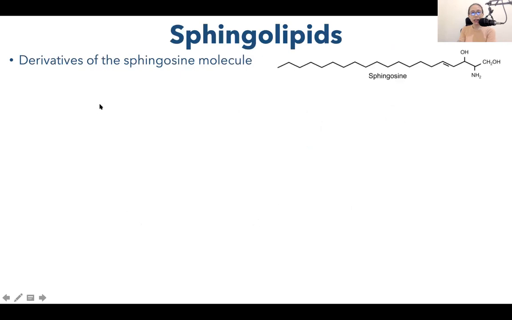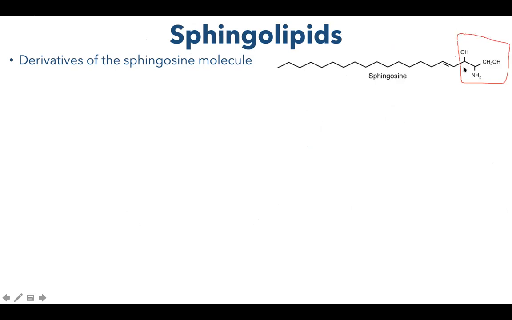Okay. Next, sphingolipids are another group of your structural lipids. These ones are derivatives of your sphingosine molecule. So you see here the structure of sphingosine. If you notice, this part looks like glycerol, right?